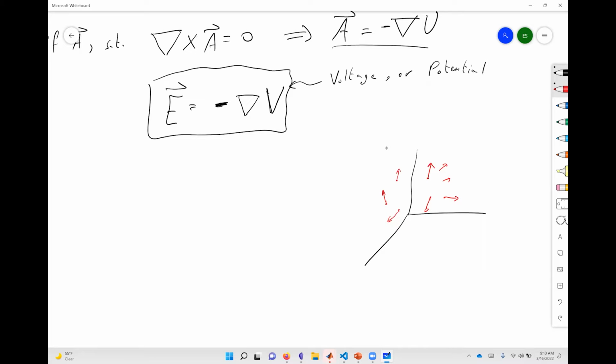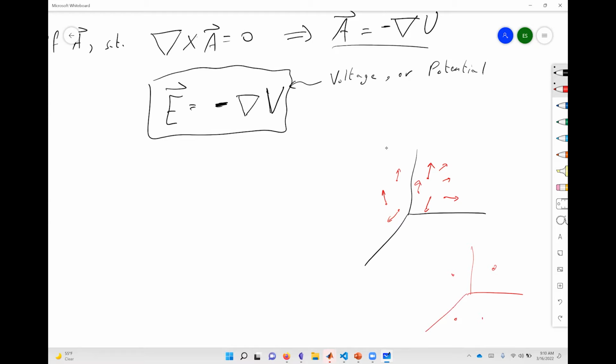You can describe it as a simple scalar field, and this is nice because a scalar field is simpler to deal with than a vector field. With a vector field, at every point in space you have to worry about a magnitude and a direction. With a scalar field, you only have to worry about a magnitude. There is no direction anymore.